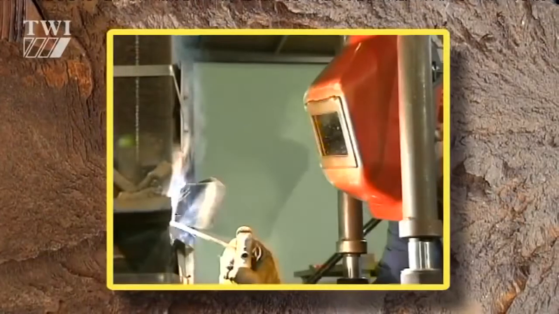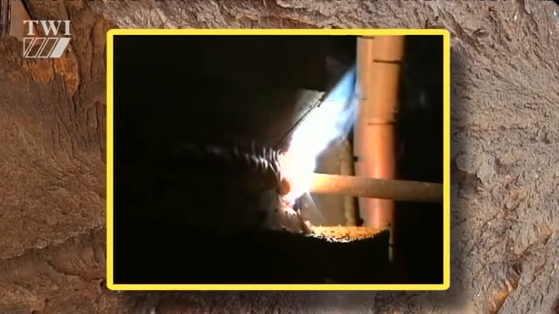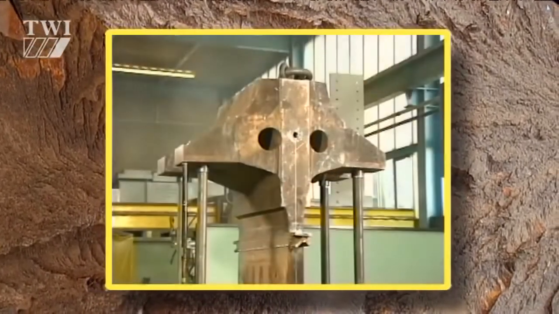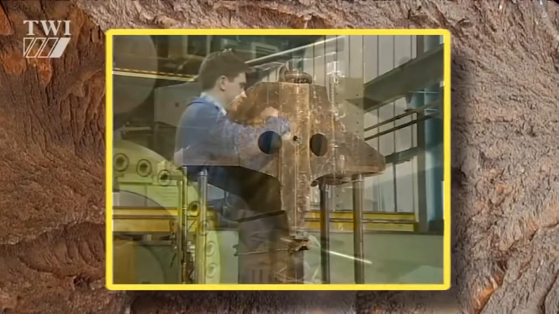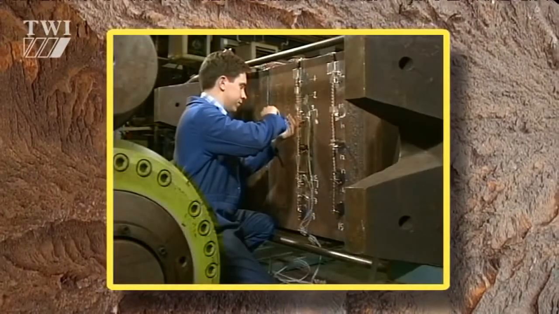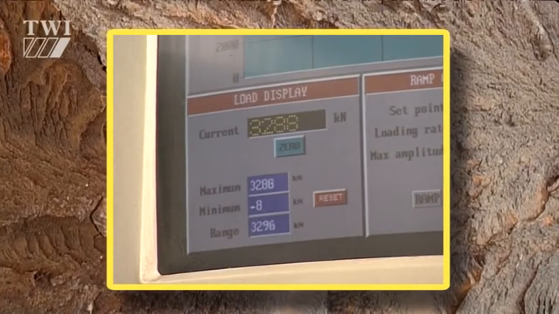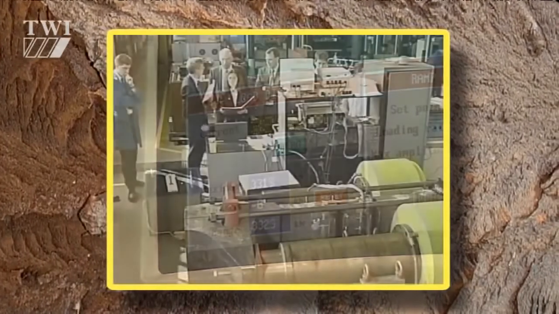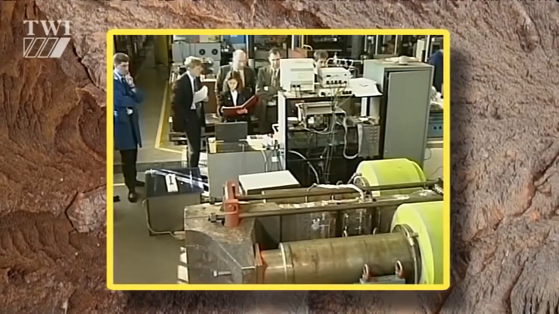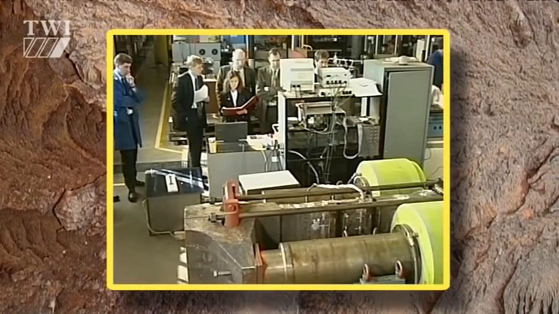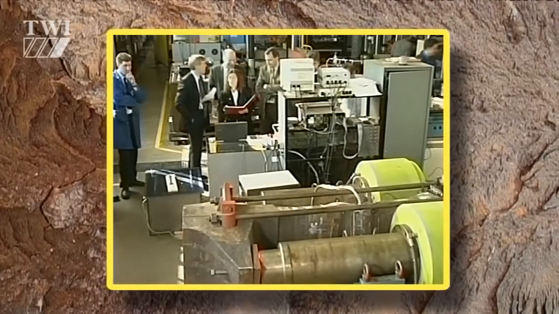A full-size plate containing the defect is welded onto massive end beams, which transmit the load. The plate's temperature is measured using thermocouples. The load is ramped up slowly. Strain and crack tip opening displacements are recorded until brittle fracture occurs.